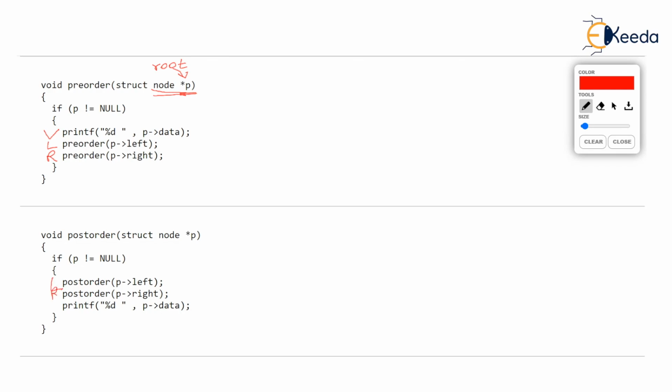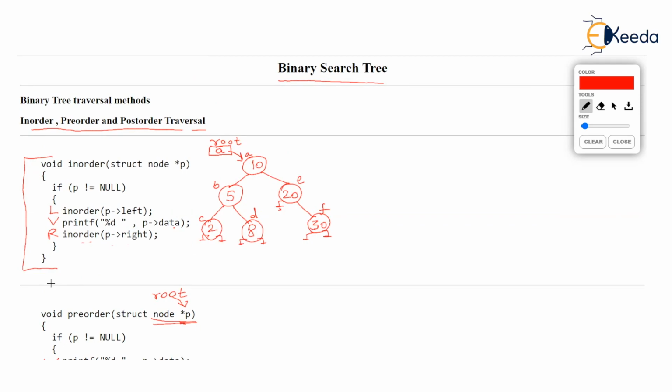So L is move left or visit left by calling post order, the same function within itself with the left branch, call the same function post order with the right branch, and then print the data, that is print the vertex. So overall, what I wanted to suggest is it is very easy to remember pre-order, post-order, and in-order because the names LVR, LRV, or VLR themselves suggest what are the places for various statements inside these recursive functions.